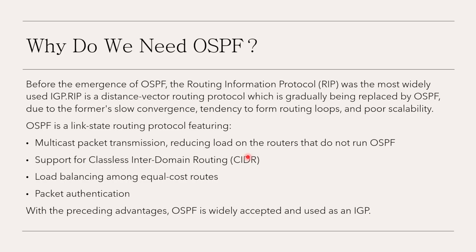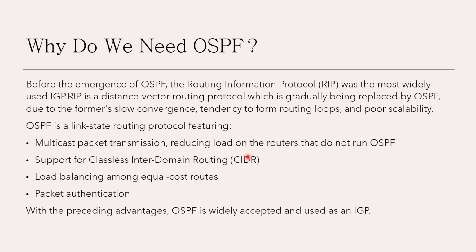Before the emergence of OSPF, the routing protocol RIP was widely used as an IGP. You know that the major application for OSPF is the IGP. Before OSPF, there was RIP, which was a distance vector protocol, and which is gradually being replaced by OSPF due to the former's slow convergence, tendency to form routing loops, and poor scalability.